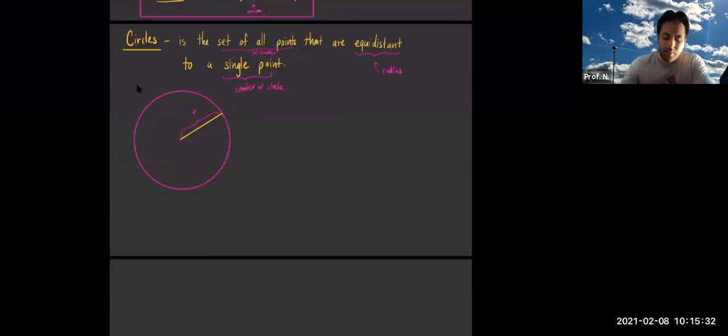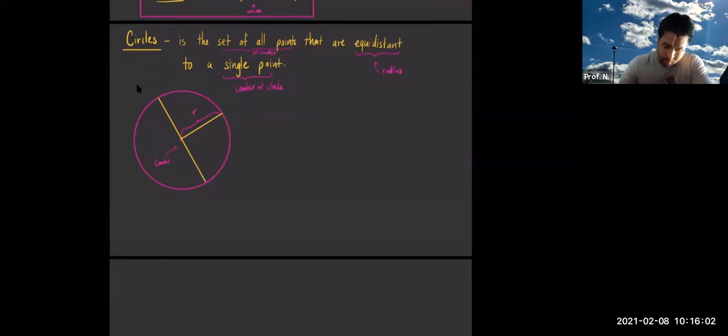And then we say, hey, what if we draw the line that connects one side of the circle to the other side of the circle, but that goes through the center? If you do that, you draw what's called the diameter. So this is the center of the circle. So this is the center. This is the diameter.